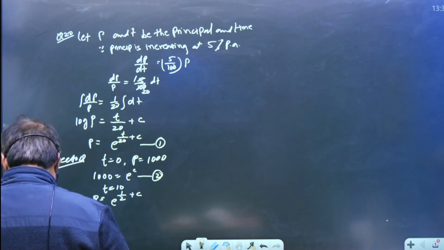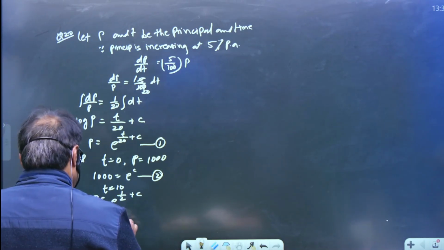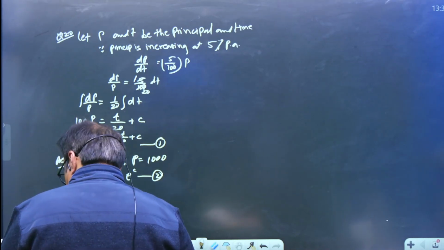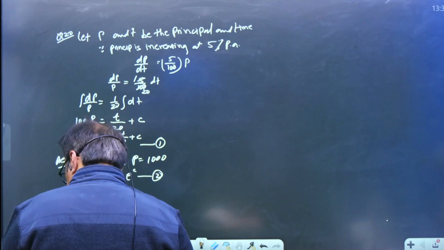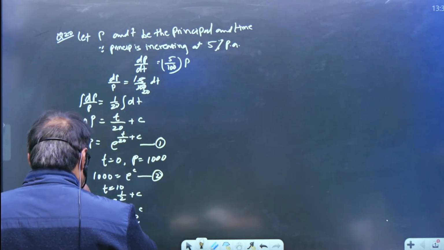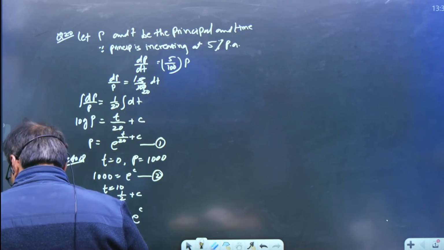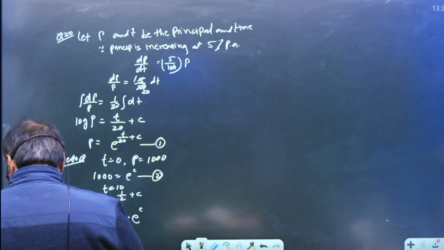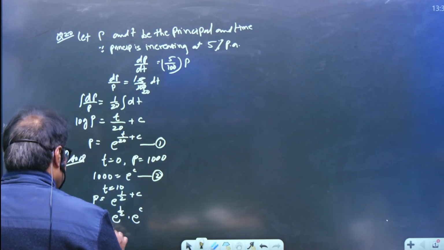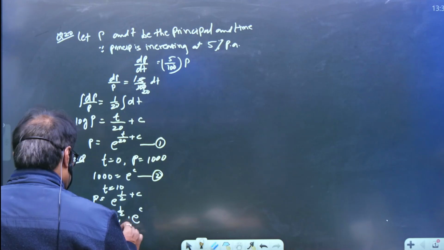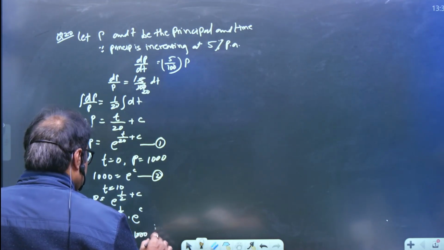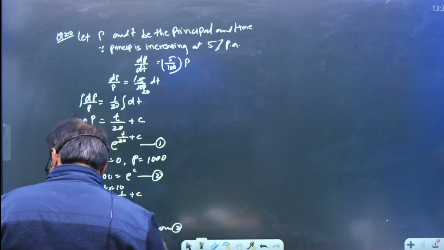Okay, so we can write P is equal to e to the power 1 by 2 into e to the power c, and e to the power c is 1000 from result number 2.